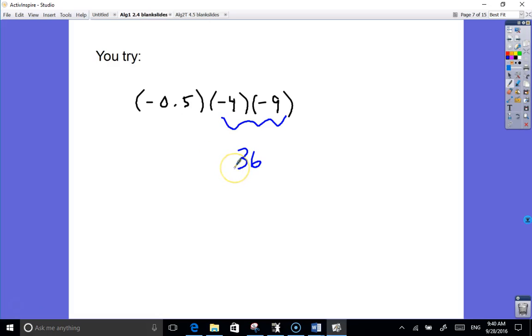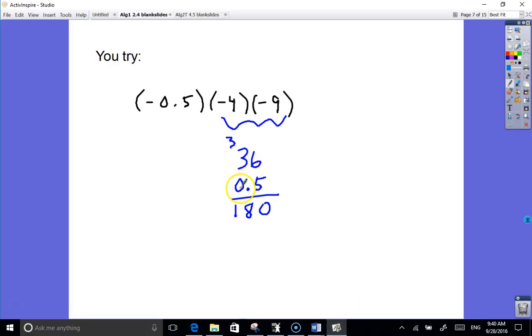So now, how do you multiply? Let's do it in decimal form, right? How do I multiply 0.5 times 36? How does that operation work? I want to multiply here, right? In this form, I go 5 times 6 is 30. 5 times 3 is 15, plus 3 is 18.